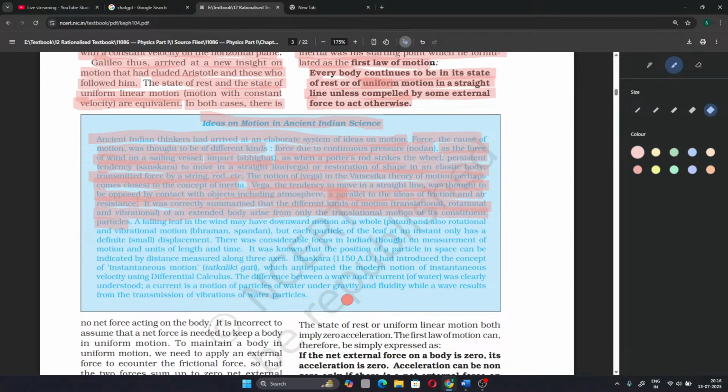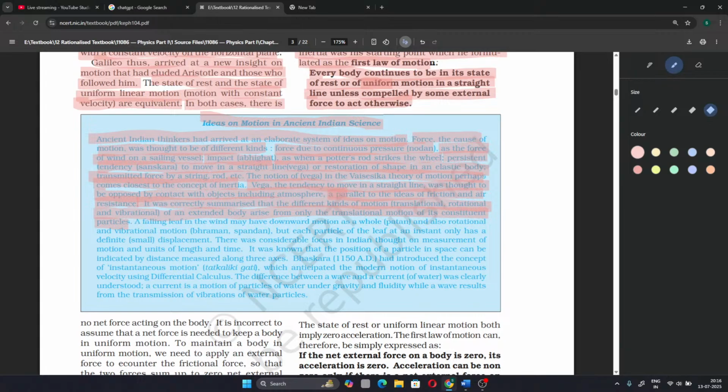Basically, they are saying that, of the different kinds of motion we saw in our previous chapters, translational motion is motion in a straight line, and rotational and vibrational motion of a body arise only from the translational motion of its constituent particles.